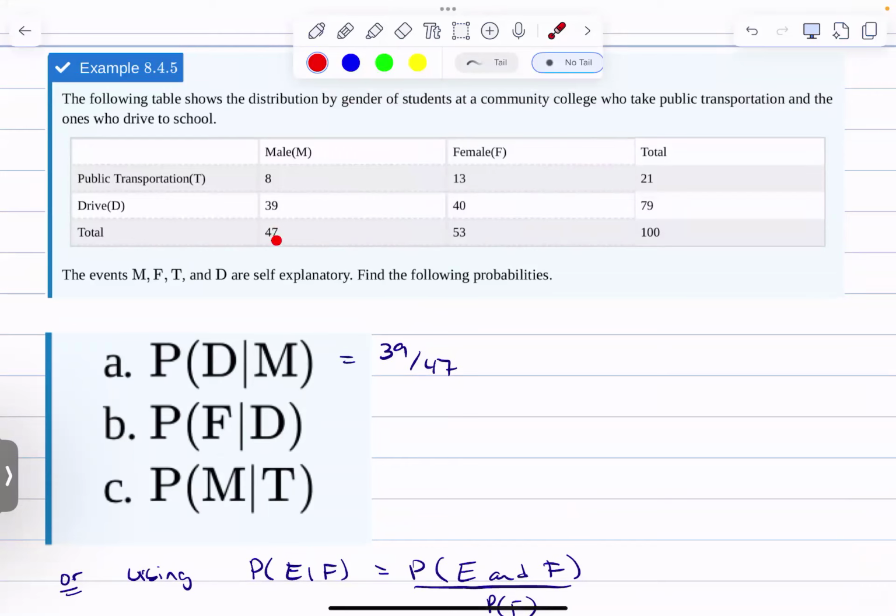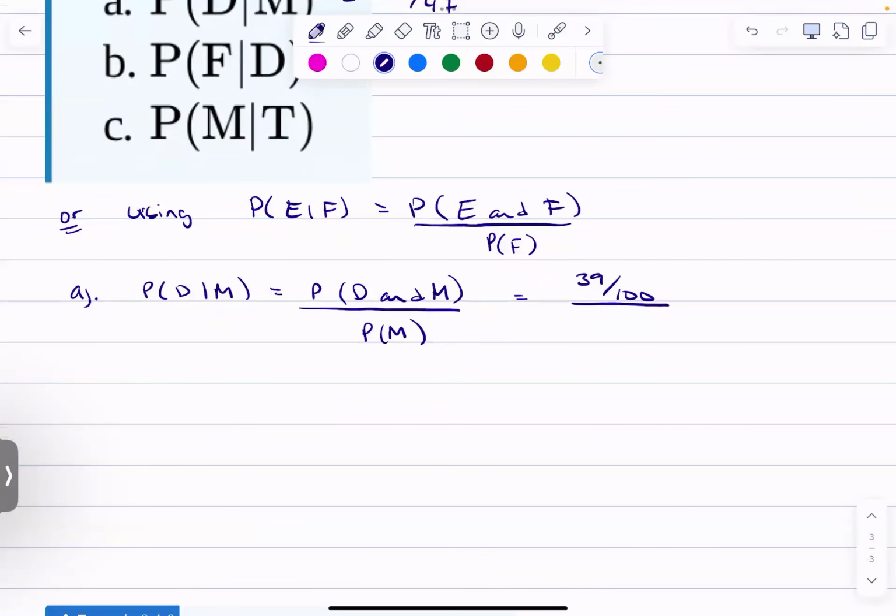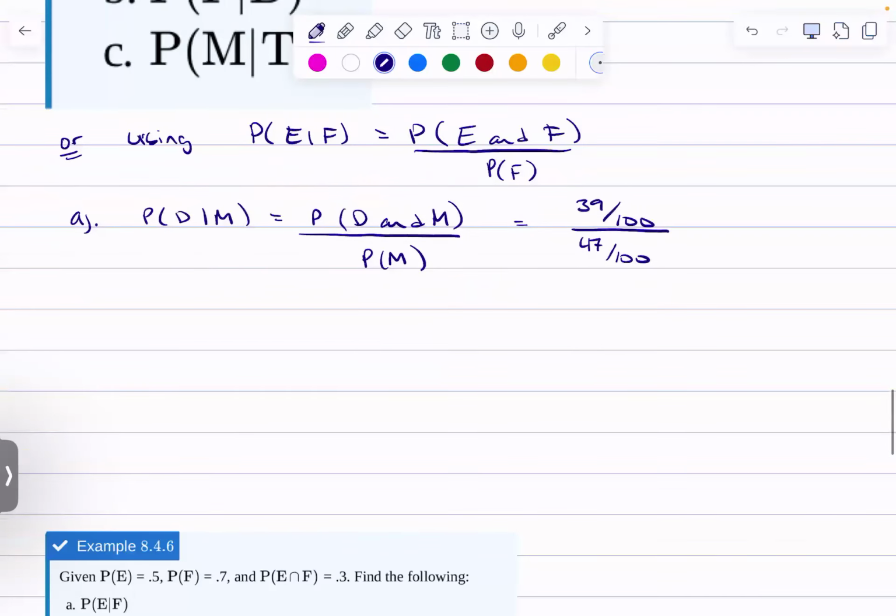Now the probability of being male is 47 out of 100. But once you flip and multiply, those hundreds are going to cancel out, and you're just left with 39 out of 47.